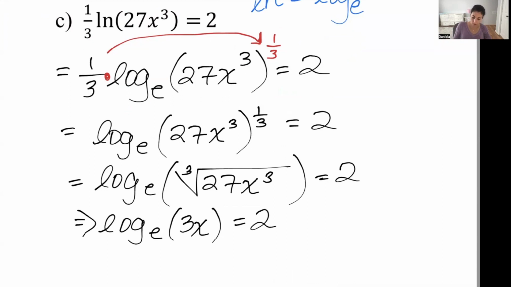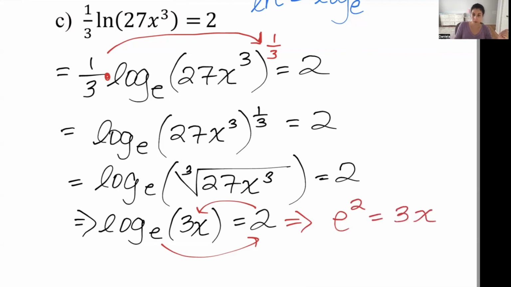Now that we have a simplified logarithmic equation, how do we finally get that 3x out of there? You're going to convert it to exponential. Think of exponentials and logs as opposite operations, if you will. I like to look at it as a little circle. So if we convert it to exponential form, e to the second power is equal to 3x.